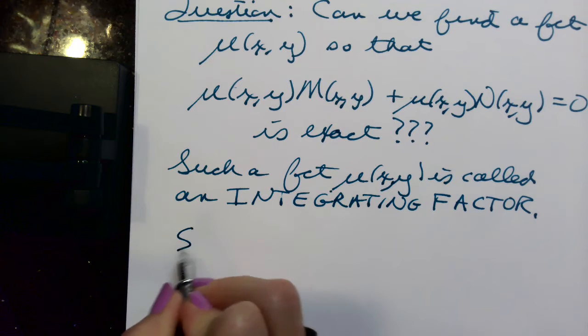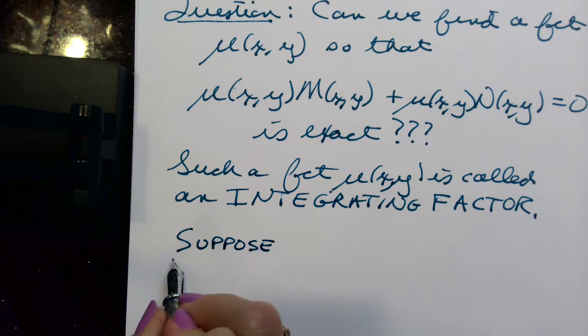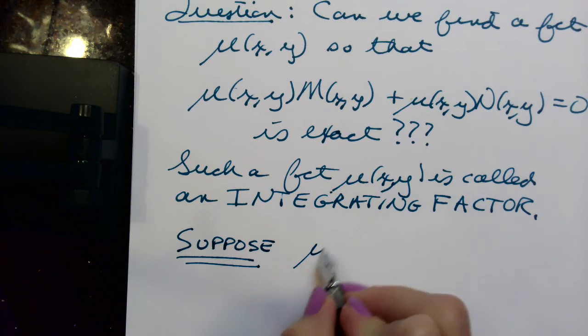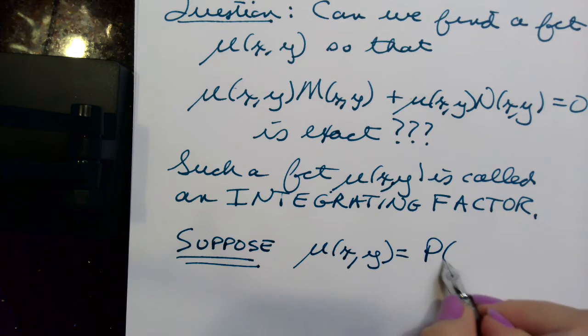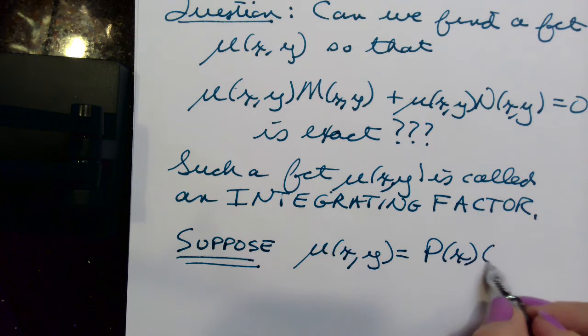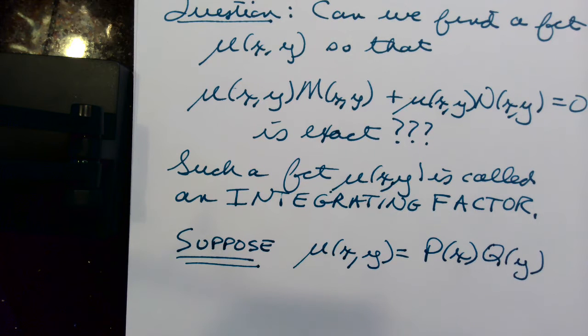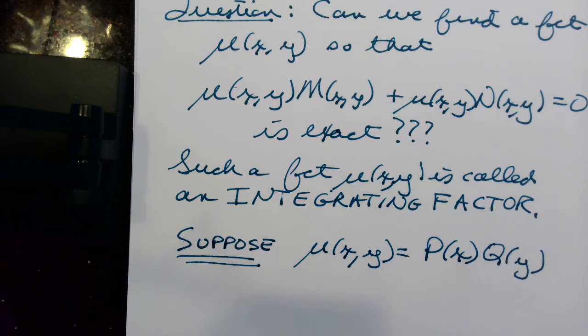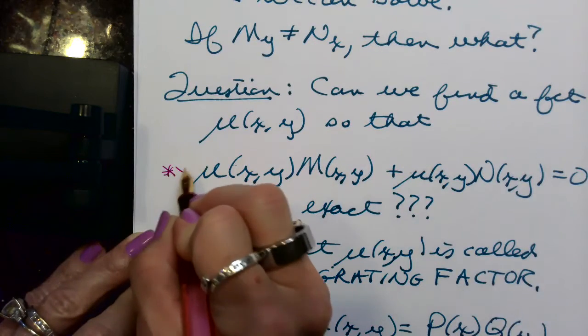We're going to make a big supposition, and then we're going to even make some more assumptions after that. Suppose that mu isn't just some general function of x and y, but that it can be written as a function of x times a function of y. Okay. And so now let's look for this equation to be exact. Let's call this one double star.